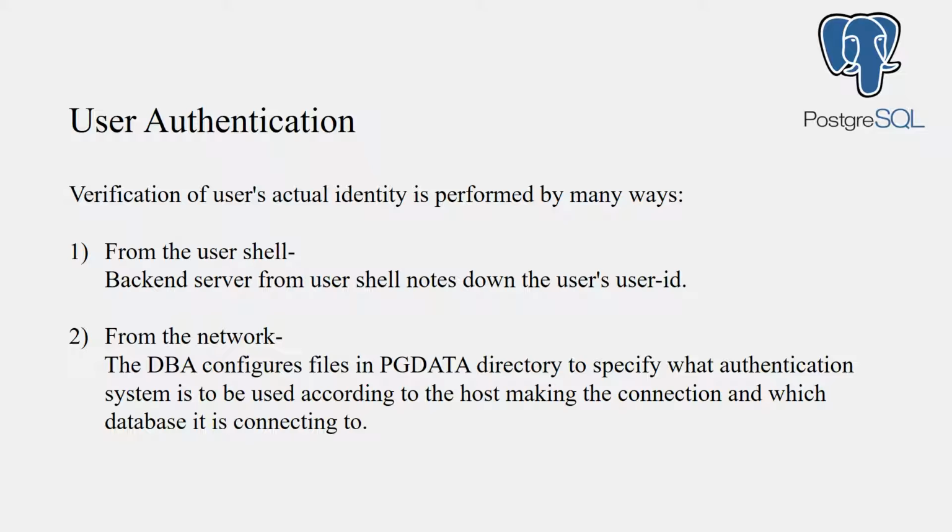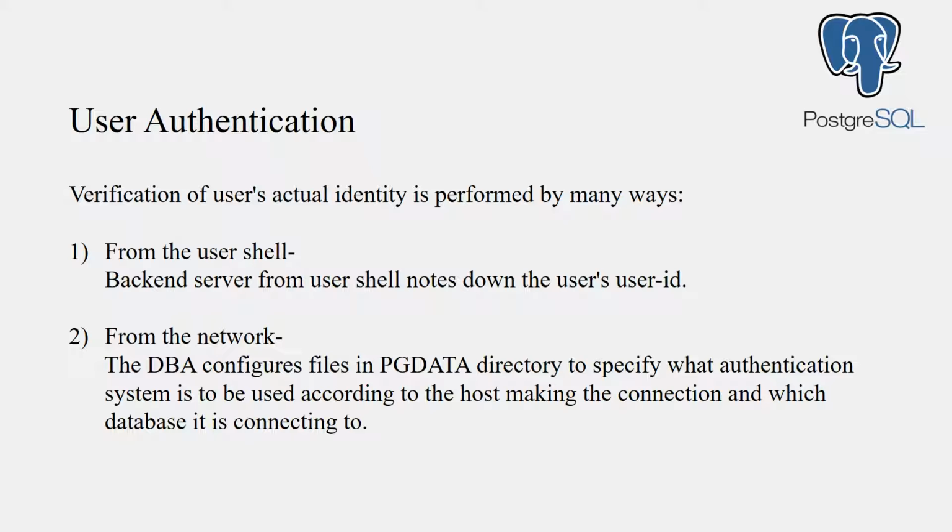User authentication. Authentication is the process by which the backend server and postmaster ensure that the user requesting access to the data is in fact who he or she claims to be. Verification of the user's actual identity is performed in a variety of ways. From the user shell: a backend server started from a user shell notes the user's user ID. The effective user ID is used as a basis for access control checks.